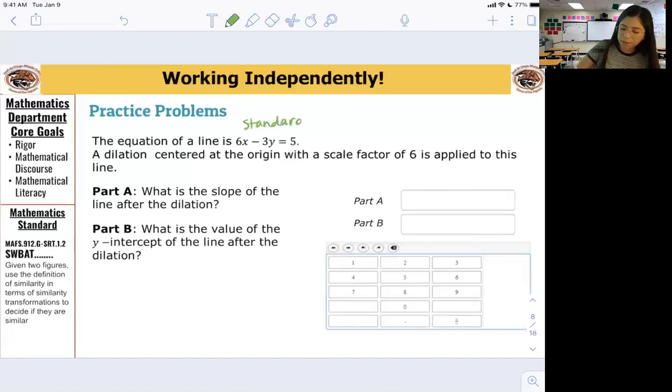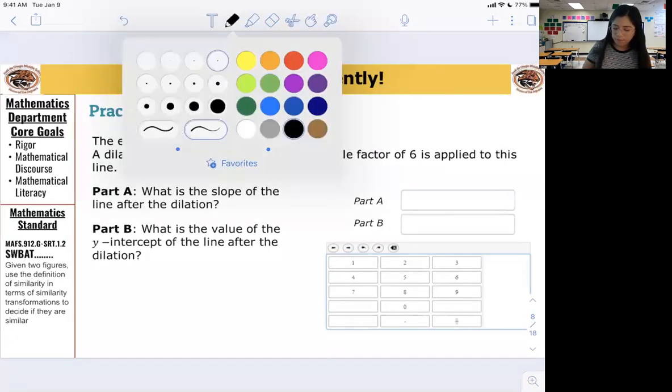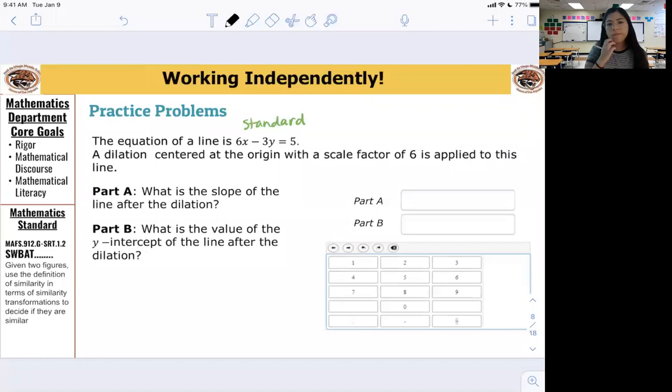And then they're asking me about slope. But what do I need to do to this equation in order to know the slope of it? We're going to convert it to slope intercept, exactly. So 6x minus y equals 5. Let's turn that into slope intercept so that we can know what the slope is.